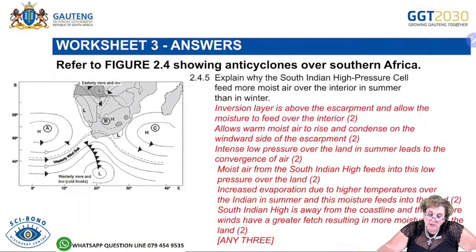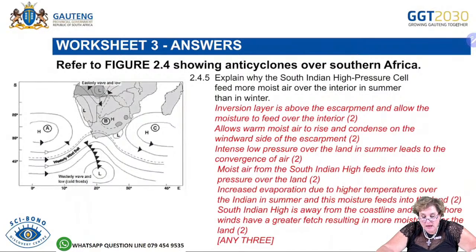And then the last question: explain why the South Indian high pressure cell feeds more moisture over the interior in summer than in winter. The inversion layer is above the escarpment and allows the moisture to feed over the interior. It allows warm moist air to rise and condense on the windward side of the escarpment. And intense low pressure over the land in summer leads to the convergence of air.